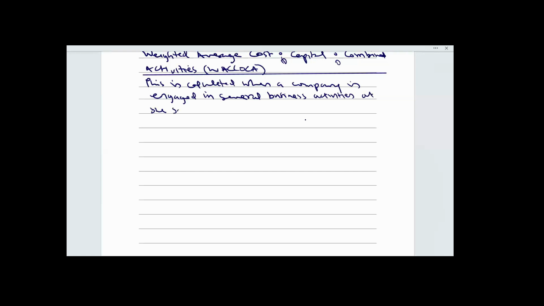Therefore, instead of using different cost of capital or discount rates to evaluate projects, this thing has not changed.